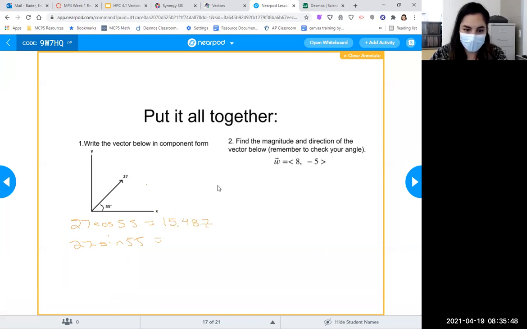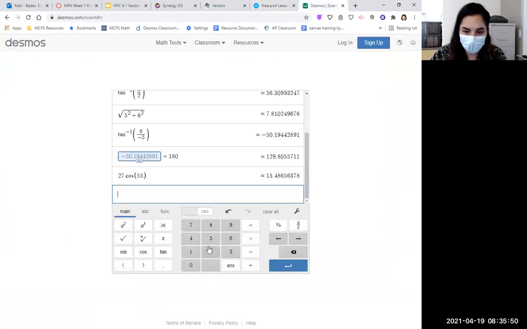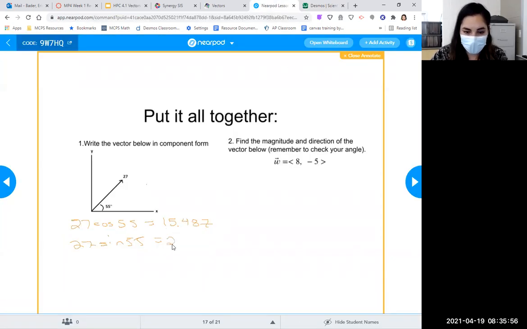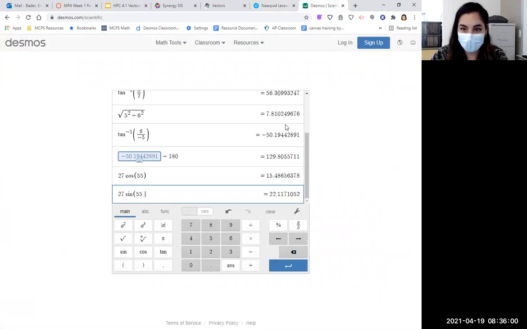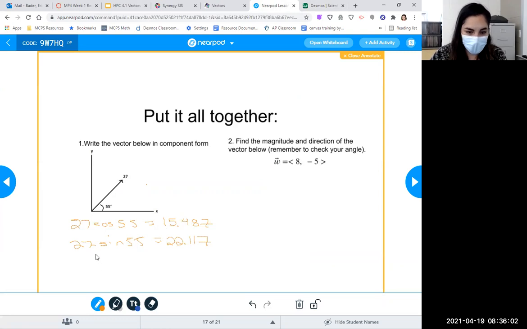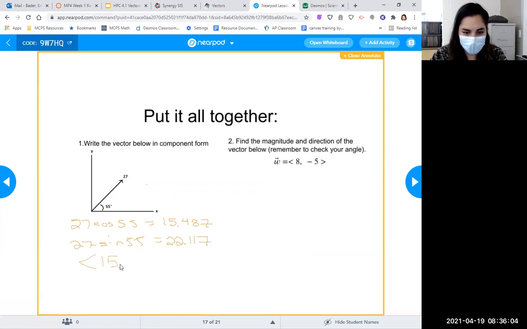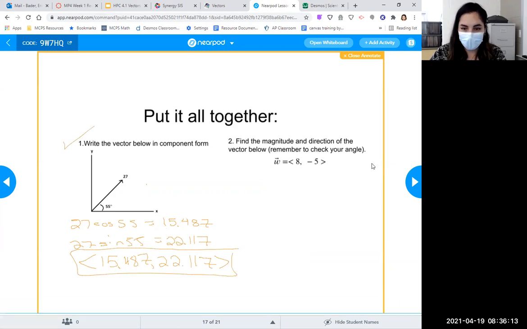And then 27 sine of 55 is 22.117. Did I write that correctly? Yeah, okay. So to write it in component form, it's XY, so 15.487, 22.117. And that's number 1 checked off.